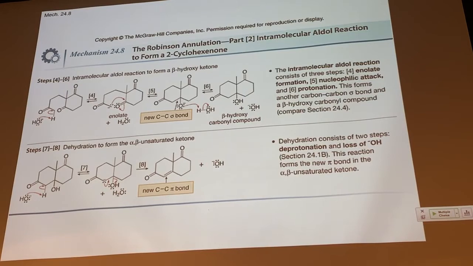So you might ask, how would we get the process to stop at the Michael if we don't want the Robinson annulation? The answer is don't add heat. It's the heat that drives the reaction through to the Robinson annulation.